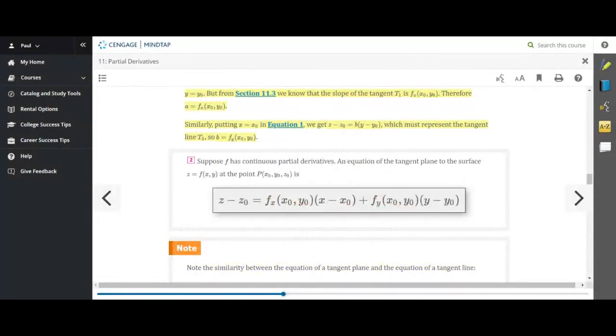So there's the one formula I mentioned to you, right? We also think of this linear approximation as what they call a linearization. That's another way to think of it.